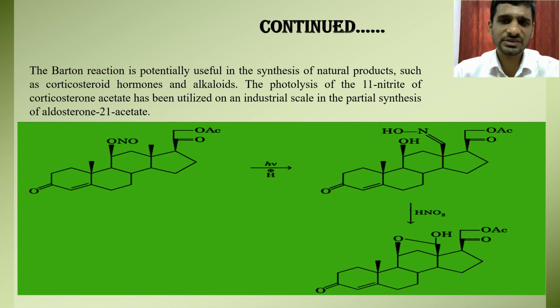The photolysis of the 11 nitrite of corticosterone acetate has been utilized on an industrial scale in the partial synthesis of aldosterone 21 acetate. Okay, this molecule over here is called corticosterone acetate, and on its 11th position it is having a nitrite group.